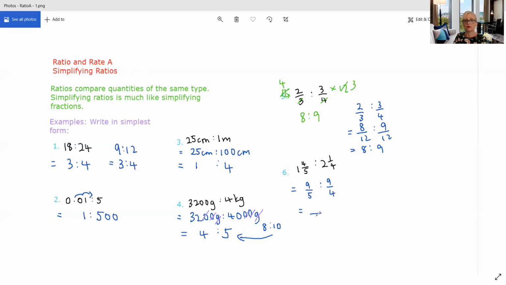I would be inclined actually at this stage to divide both sides by 9, just to make our lives a bit easier. Why deal with bigger numbers than you have to deal with? You can divide both sides by 9. Now put them both as something over 20. So this will be 4 on 20 and 5 on 20. So we get 4 is to 5.